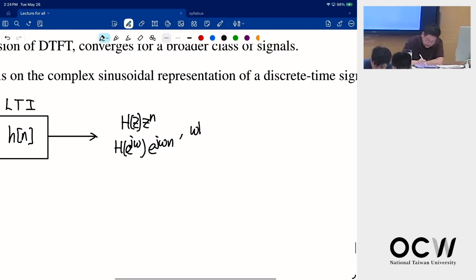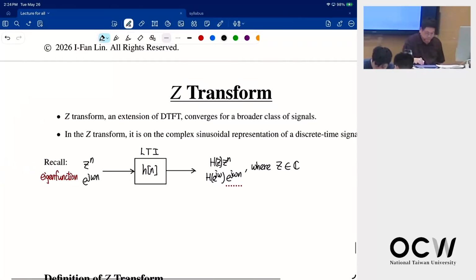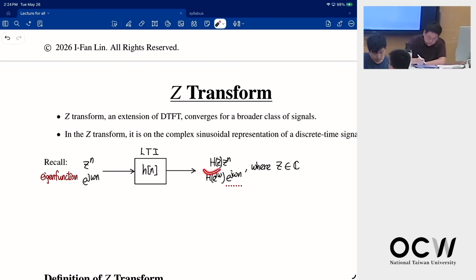And what is z? The z is a complex number. And for this h, how do we find this function?